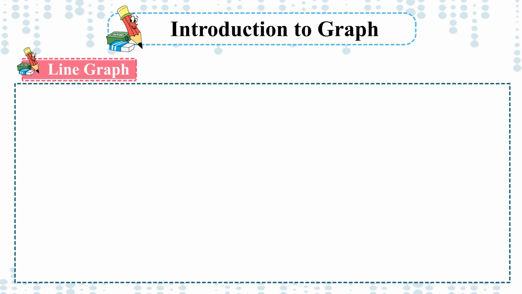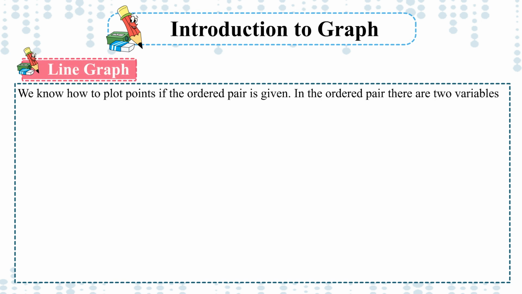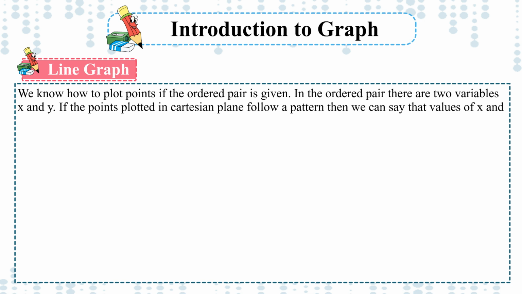Line graph. We know how to plot points if the ordered pair is given. In the ordered pair there are two variables, x and y.